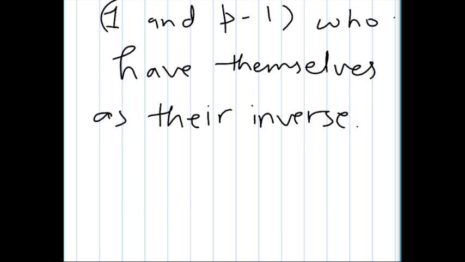So how many numbers are left? From 1 to p minus 1, we have p minus 1 numbers. Two of them are already taken because they have themselves as their inverse.